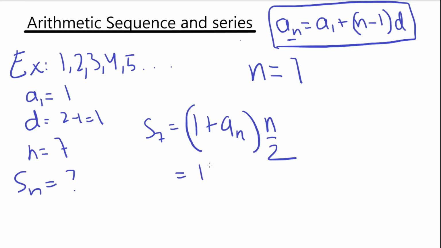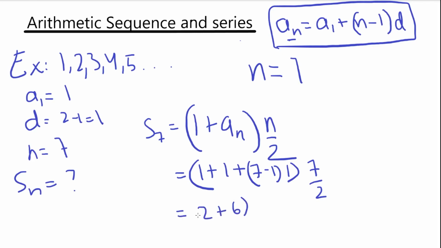So 1 plus 7 minus 1, times 1, which is the d, multiplied by 7 over 2. This will be 2 plus 6 multiplied by 7 over 2, which will give 4 into 7, which is 28.